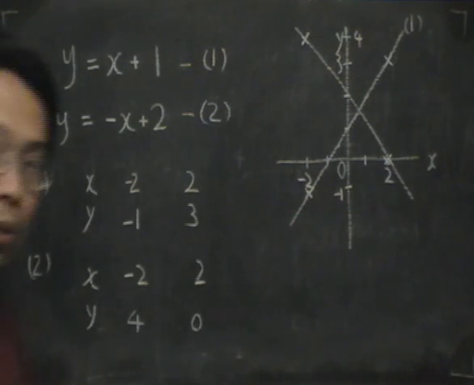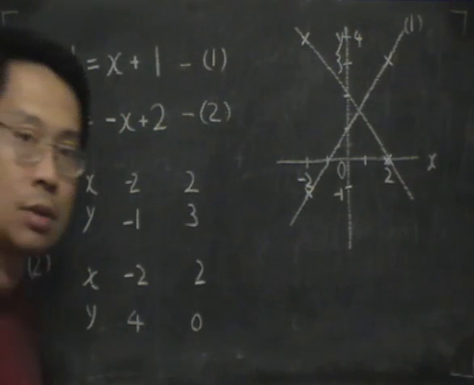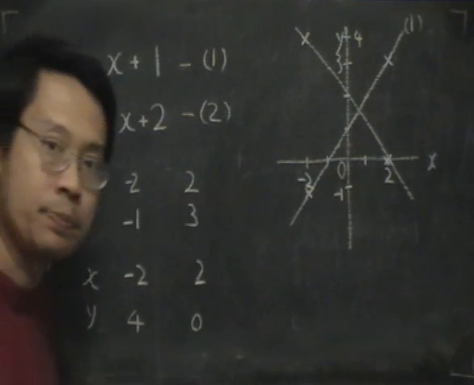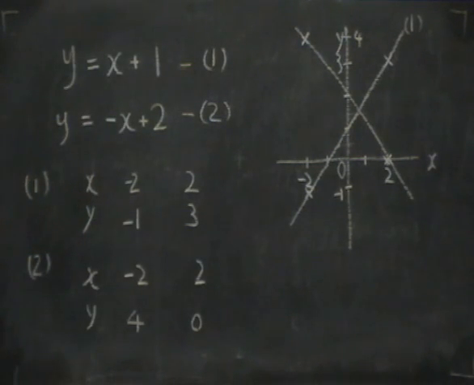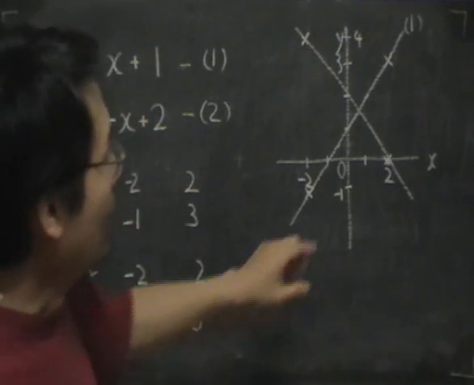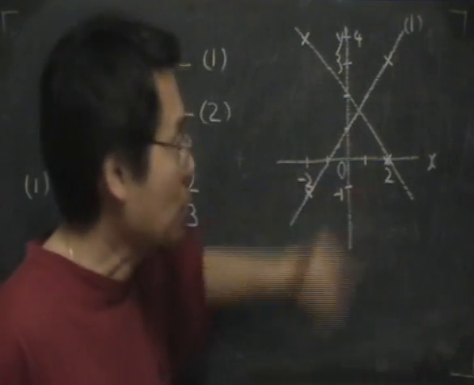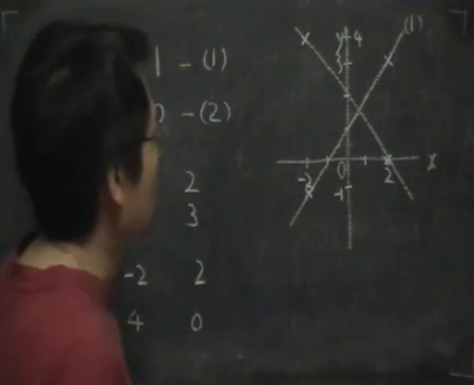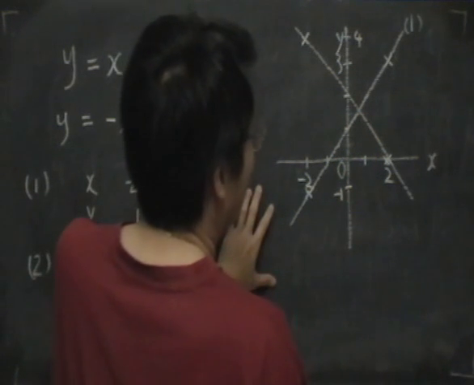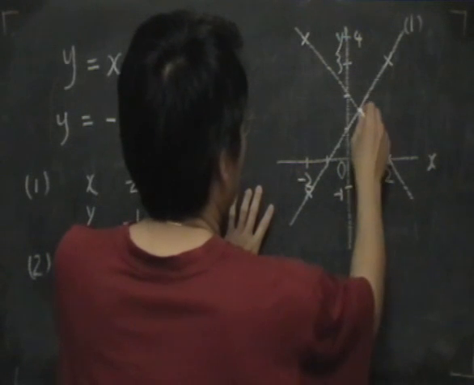Now, in order to find the solution to these simultaneous equations, all we need to do is to look at the graph and look for the point where they intersect, where they cross each other. So that's the point there, alright? And now let's see the coordinates.